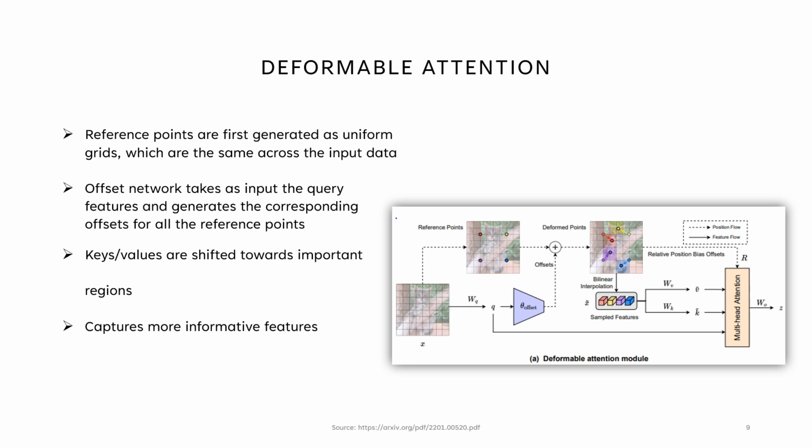For each attention module, reference points are first generated as uniform grids, which are the same across the input data. Then an offset network takes the query features as an input and generates the corresponding offsets for all the reference points. This shifts the keys and values towards important regions.